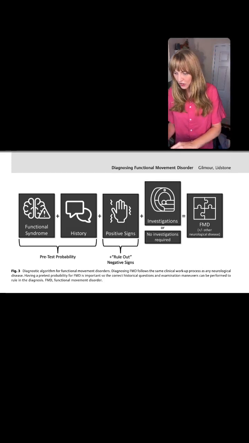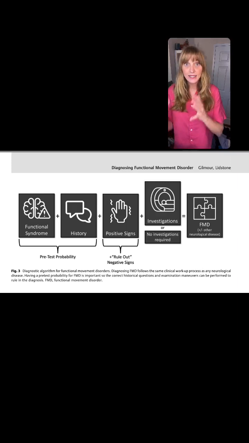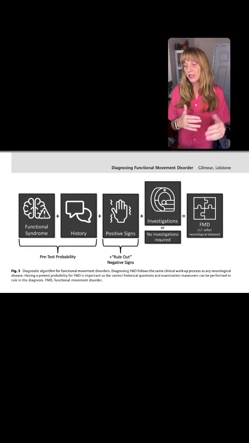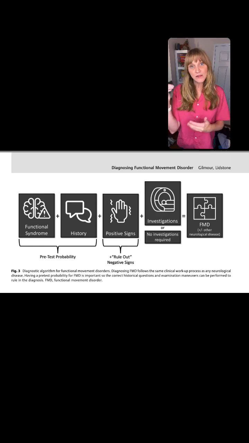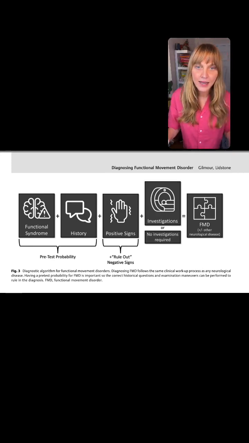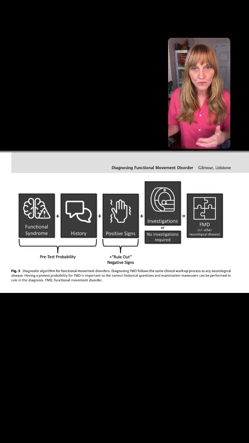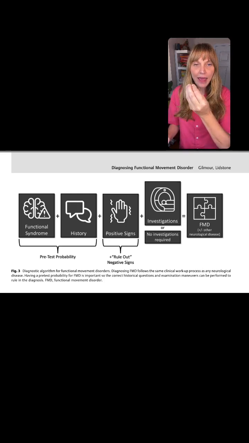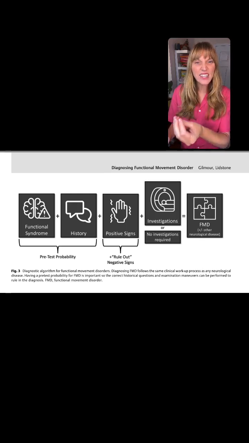In the article, I don't think I have a visual for this, they have this really great table, so I highly recommend this article, that goes through the elements of the history that you would get, the details, and how those apply to the diagnosis itself. From the history, you can start to put together a hypothesis about whether this sounds like functional neurologic disorder.